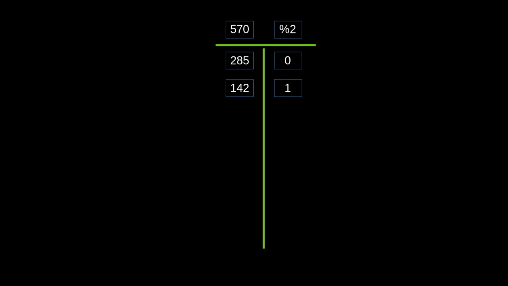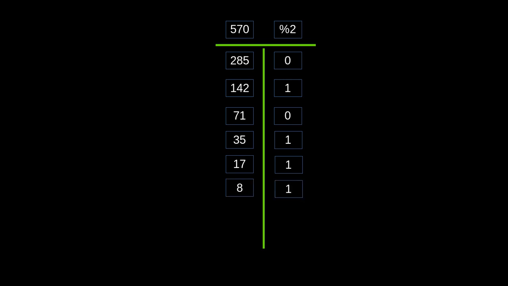It gives me 71 and the remainder is 0. Now divide the 71, it's 35 and remainder is 1. Now divide the 35 by 2, it's 17 and remainder is also 1.